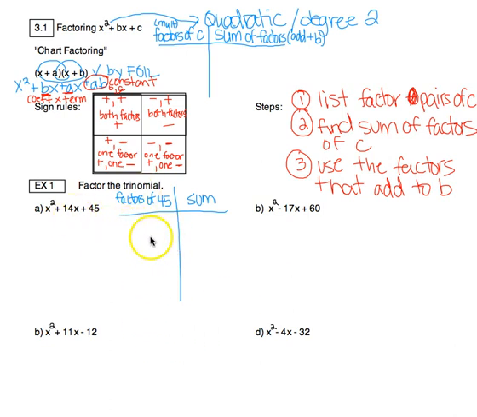So when I list the factors, I start with 1 because everything's divisible by 1. So 1 times 45 would give me 45. And then I just go up the list.